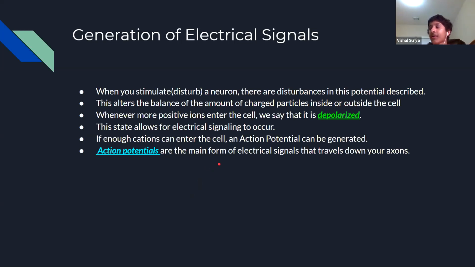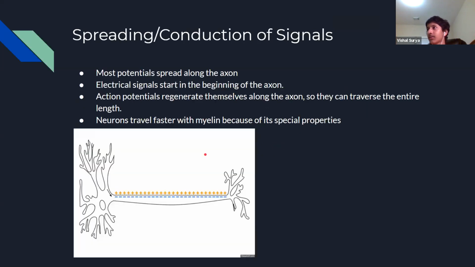If enough cations can enter the cell, an action potential will be generated. An action potential is just a really strong electrical signal that can travel really long distances. And yes, they travel on axons as well. So now we'll be discussing the spreading or the conduction of these signals.